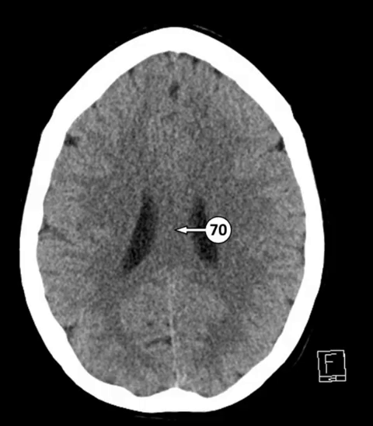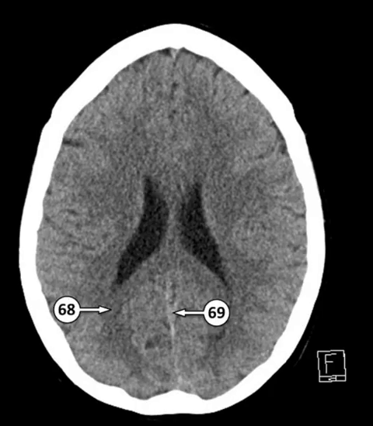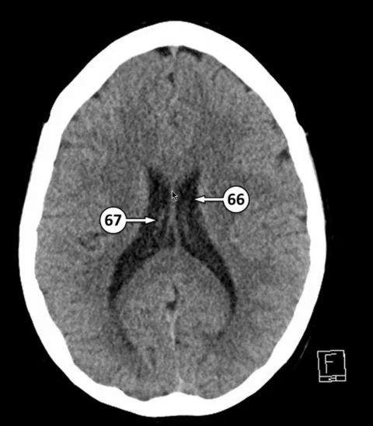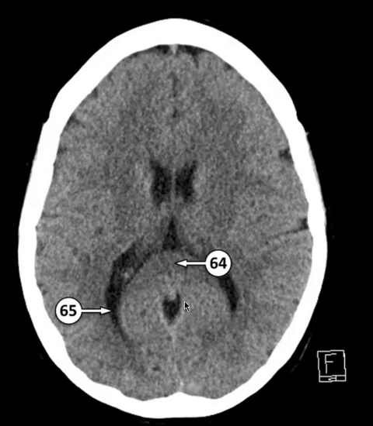But first, number 70, this is the body of the corpus callosum. 69 is the inferior sagittal sinus. 68 is the forceps major, 67 is the choroid plexus within number 66, the body of the lateral ventricle. 64 is the splenium, meaning the tail of the corpus callosum, and 65 is the occipital horn of the lateral ventricle.